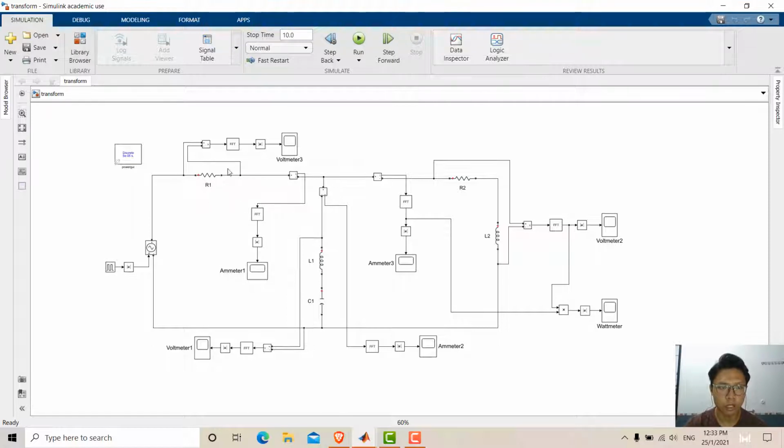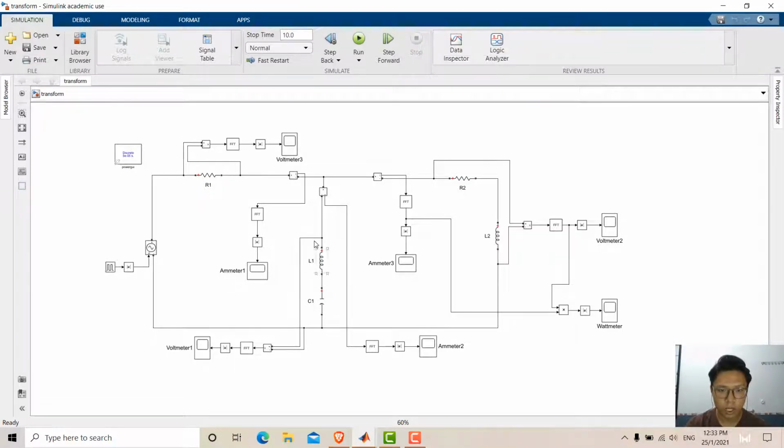When we want to find the voltage, we must connect it in parallel. So this is the voltmeter. We connected the load in parallel with the voltmeter. So this is the load connected with this voltage measurement, and this is the FFT block, or known as the fast Fourier transform, and then connected to the voltmeter scope. So from the scope we can see the graph output for the voltage here, and same goes to the voltage here.